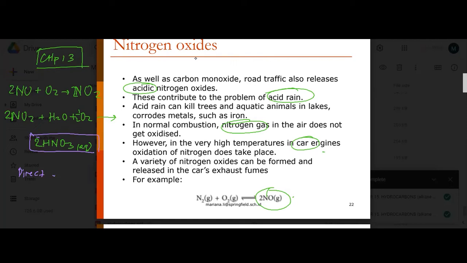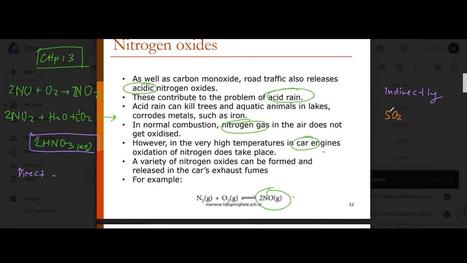But it can also affect acid rain indirectly. What does indirectly mean? Fuel and coal also produce sulfur as another pollutant. Sulfur can burn in oxygen to form SO2.